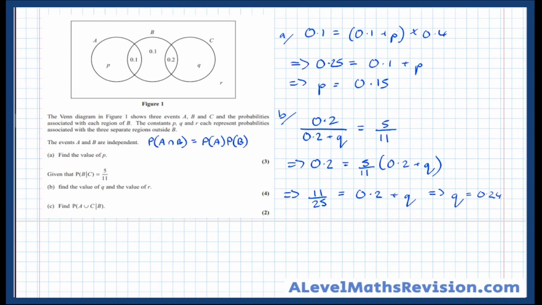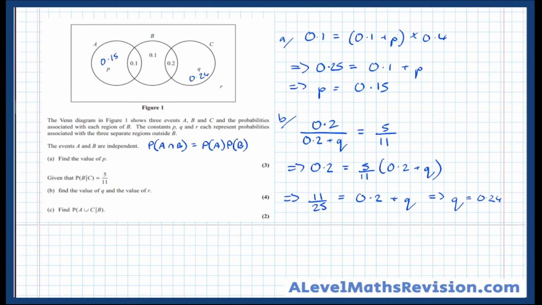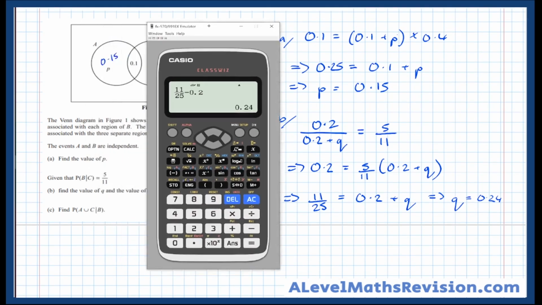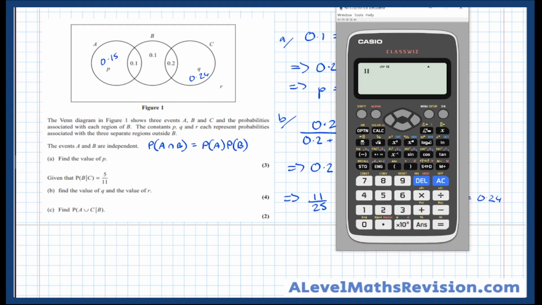And let's put all of these regions on our diagram now. So Q is 0.24, we had P was 0.15, and that leaves us being able to find what R is now, because all the probabilities must add up to 1. So we do 1, take away the rest of those. So 1, take 0.15, take 0.1, take another 0.1, take 0.2, take 0.24.